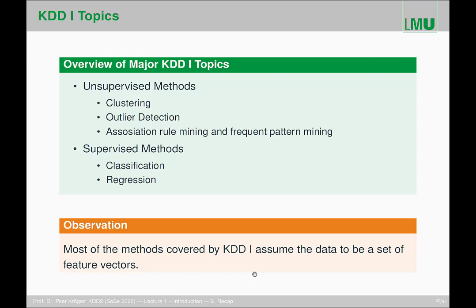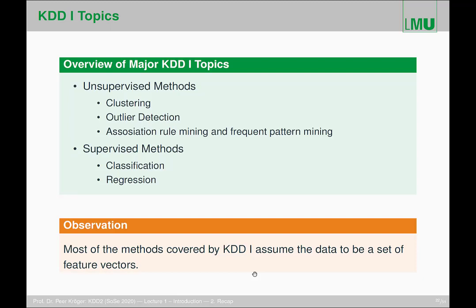And this is an observation. You just have to trust me if you didn't attend KDD1, but if you attended KDD1 before, then you probably observed that most of the methods we covered there assume the data to be in a very special format and structure, so-called feature vectors, which is more or less the same as relational tables.